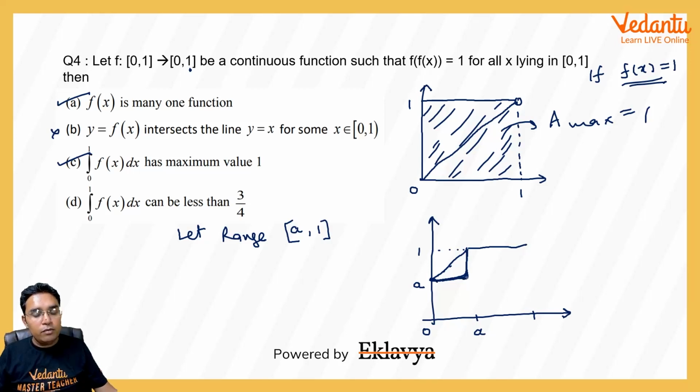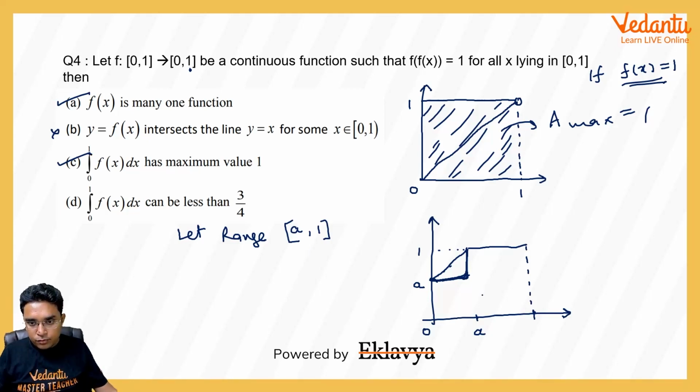It cannot be vertical, because otherwise at A you will have multiple values, but in order to get minimum possible area, we can assume this to be vertical. And that will be minimum possible area for any range that is from A to 1.